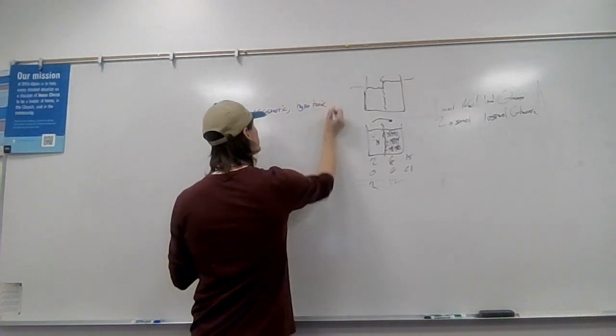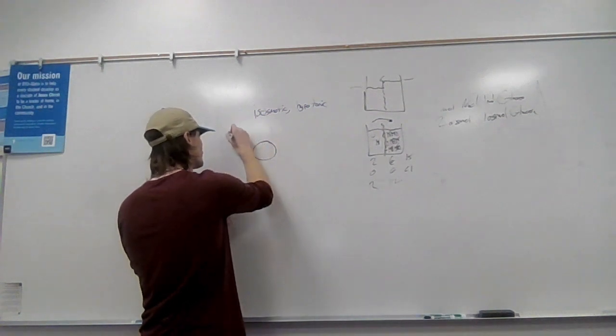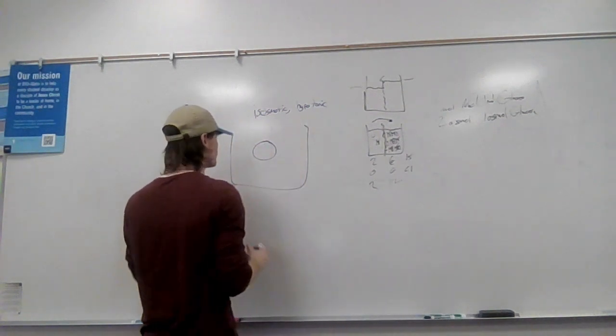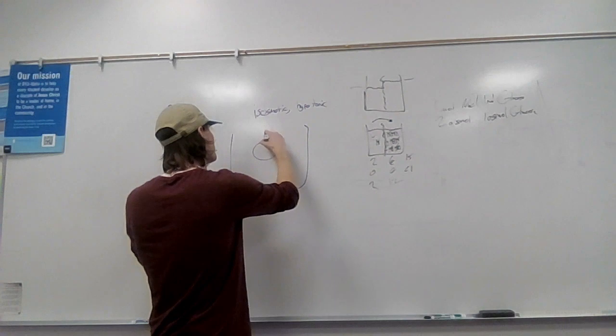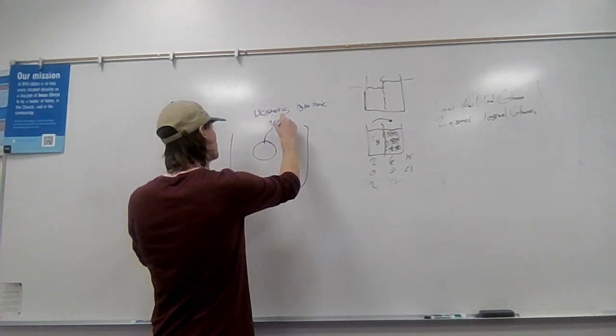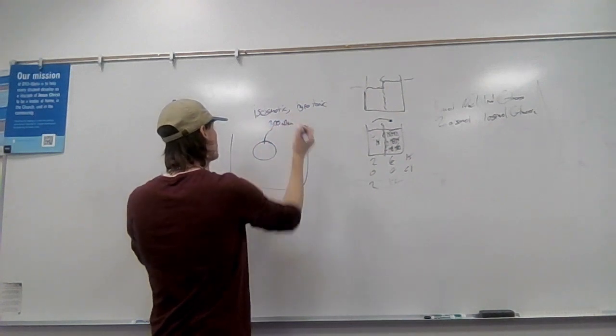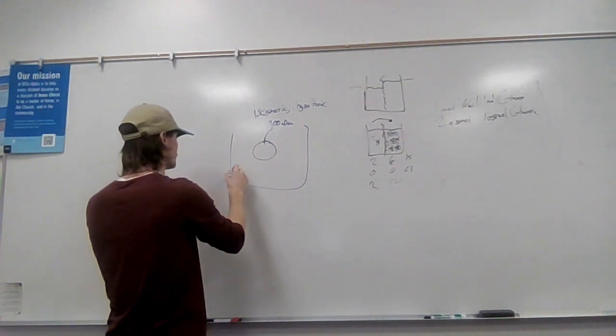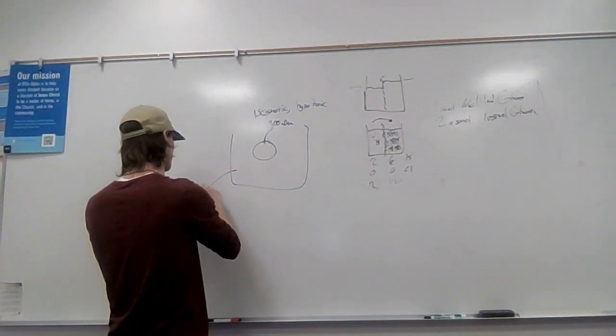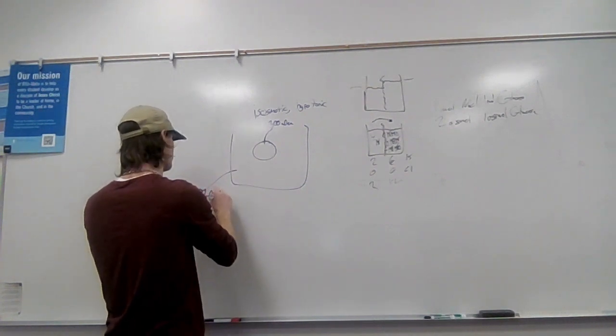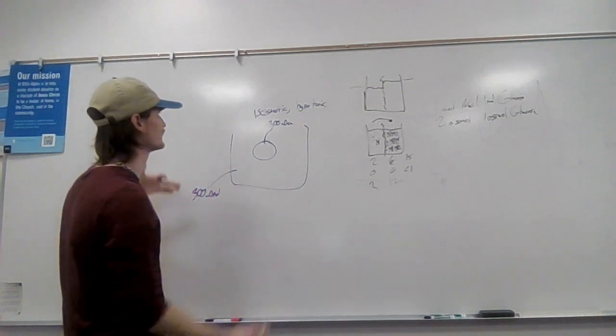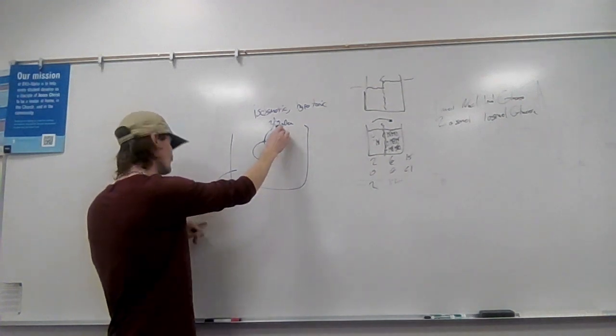If we have a cell, we put it in a solution. This cell has 300 milliosmol, and the solution in here is 300 milliosmol. So this is going to be isoosmotic because they're both the same.